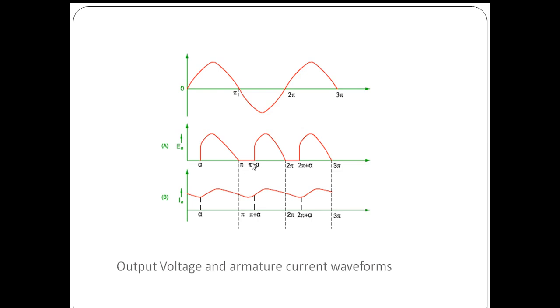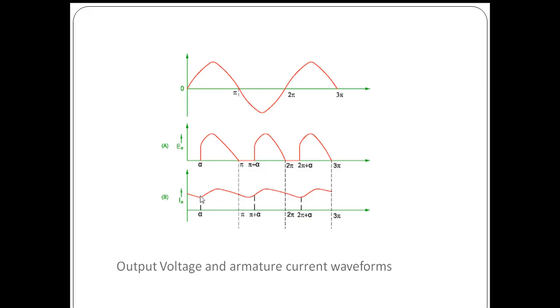During this portion the freewheeling diode will be in conduction. From pi plus alpha to 2 pi, thyristor T2 and diode D2 will conduct and we are having output voltage. During this portion we are getting output current also in this manner. But the current is not following the output waveform because of the inductance.